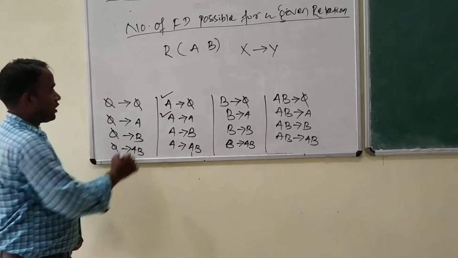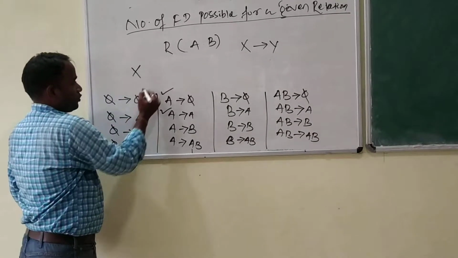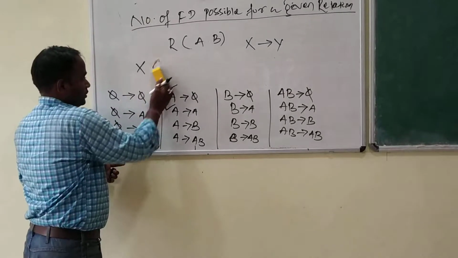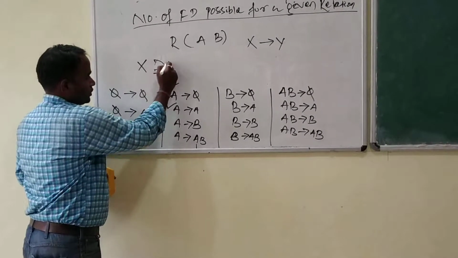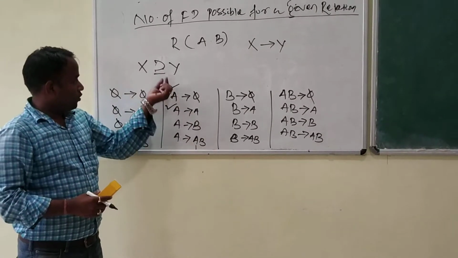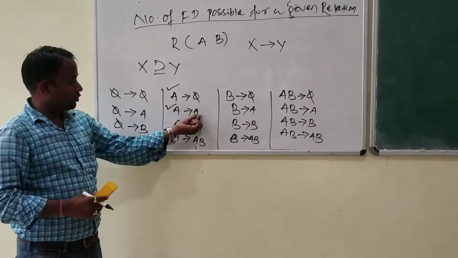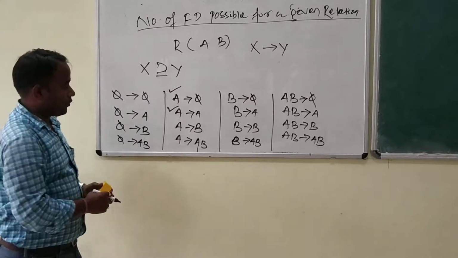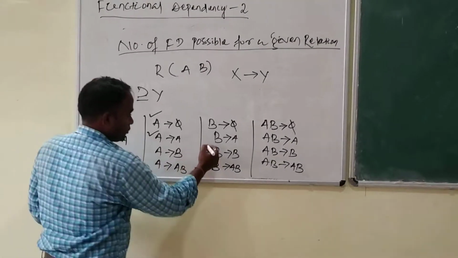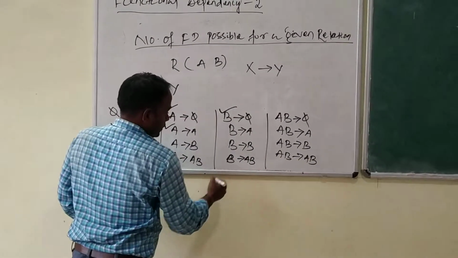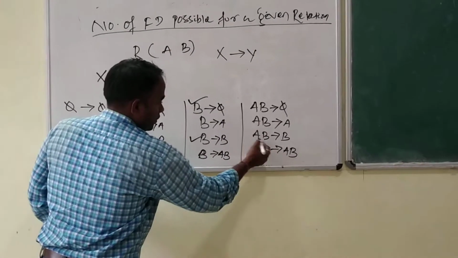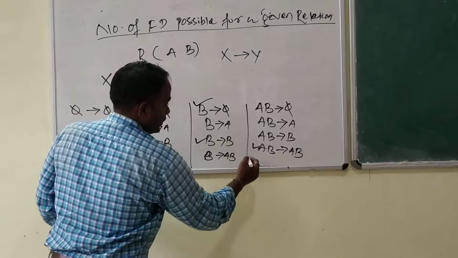From the definition, a functional dependency is called trivial if X is a superset of Y. As the right hand side, Y, is a subset of the left hand side, it is a trivial functional dependency. Similarly, the trivial functional dependencies can be B to phi, B to B, and AB determines AB.